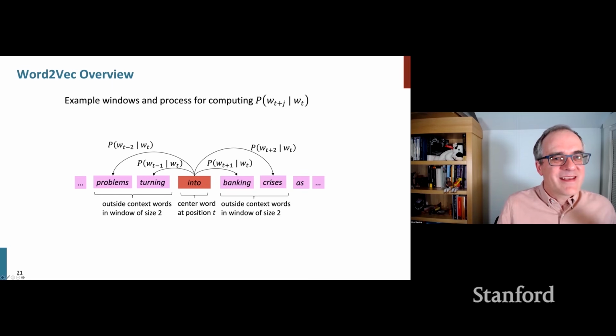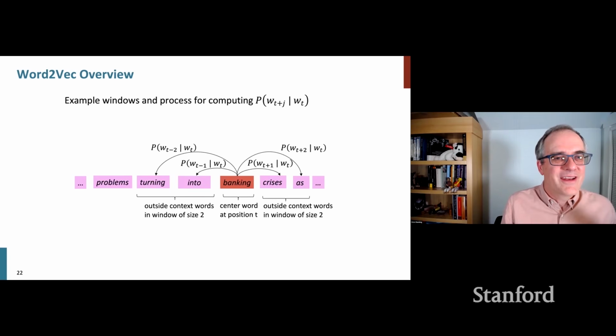It gives them some probability, but maybe it'd be nice if the probability it assigned was higher. So then how can we change our word vectors to raise those probabilities? And so we'll do some calculations with "into" being the center word, and then we'll just go on to the next word, and then we'll do the same kind of calculations and keep on chunking.